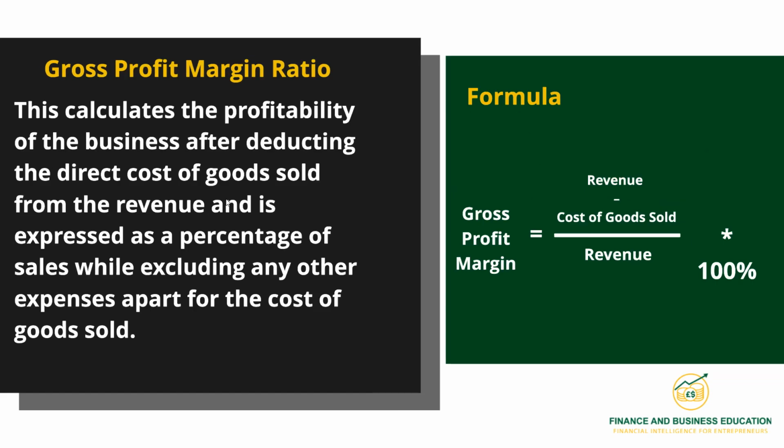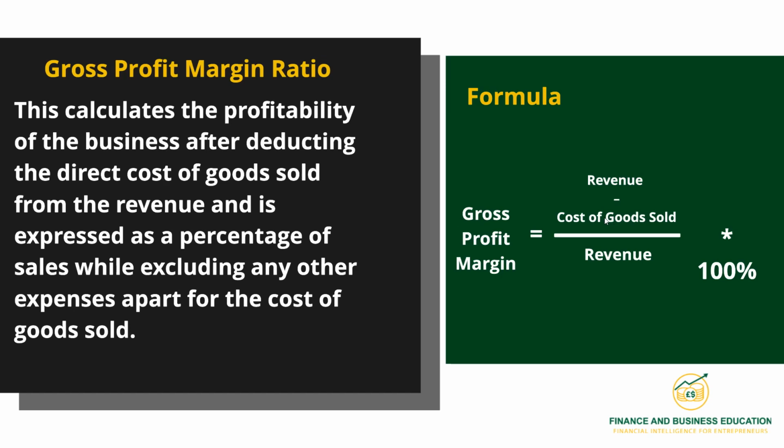Let's get into this again. Gross profit margin, I already told you, is basically the gross profit, which is revenue minus cost of goods sold, divided by revenue times 100. That tells you what kind of margin you are making to contribute towards operational expenses.